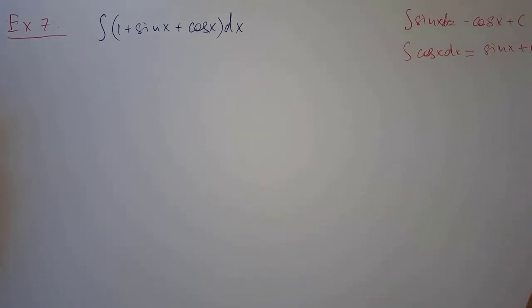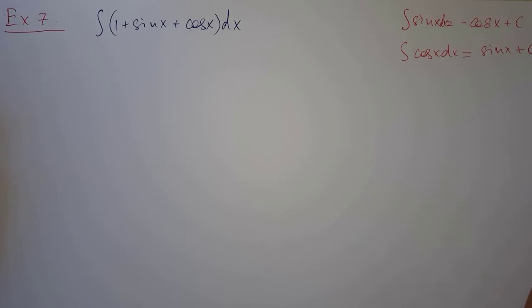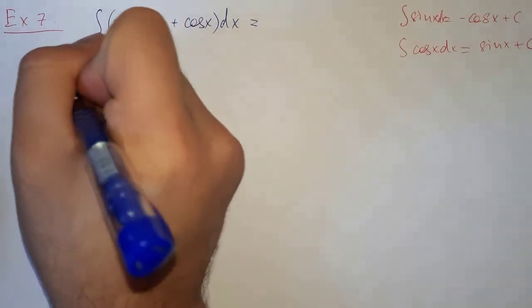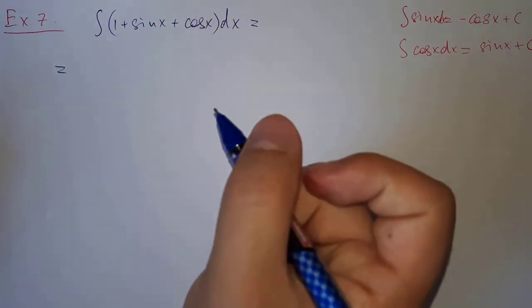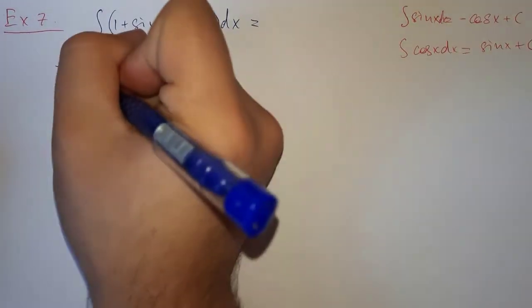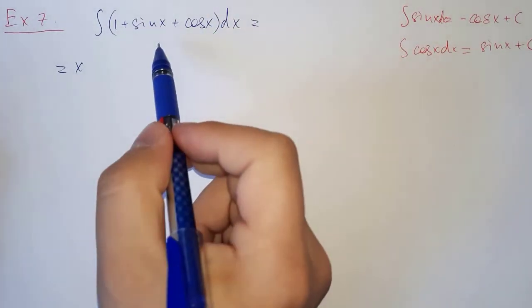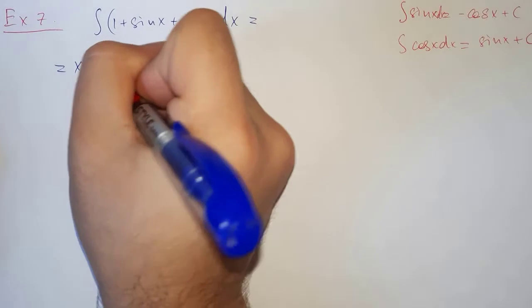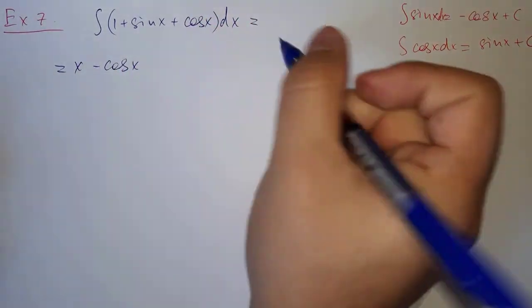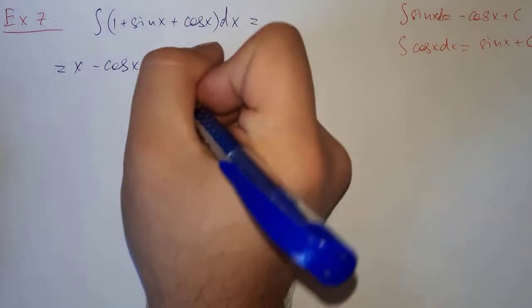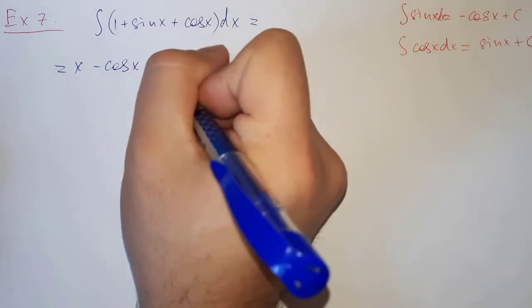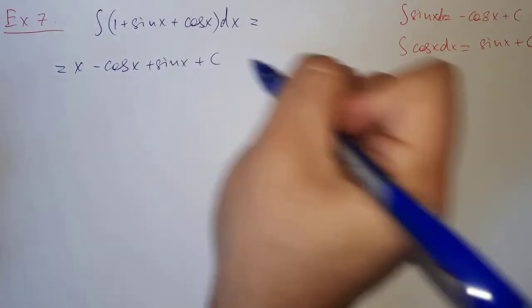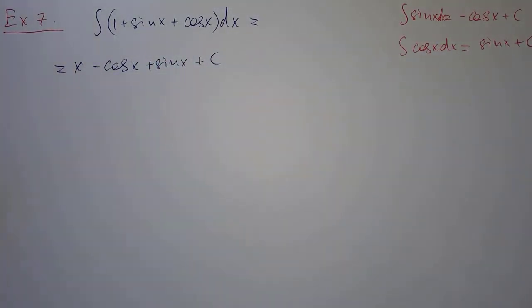So we will use this table, and here we have the integral of 1, it's just x, and the next one, the integral of sine x, this is minus cosine x, and the integral of cosine x is sine x, so plus sine x plus c. This is very easy.